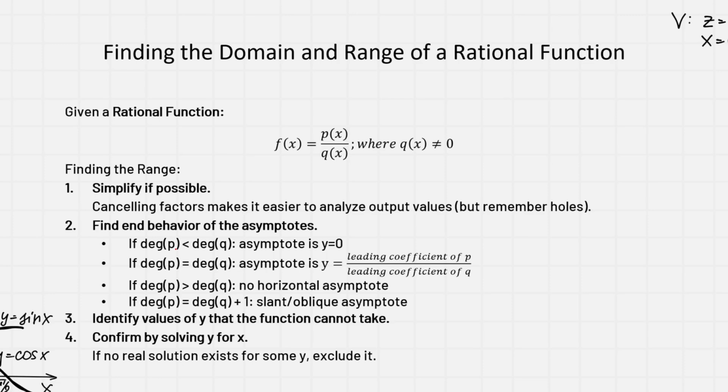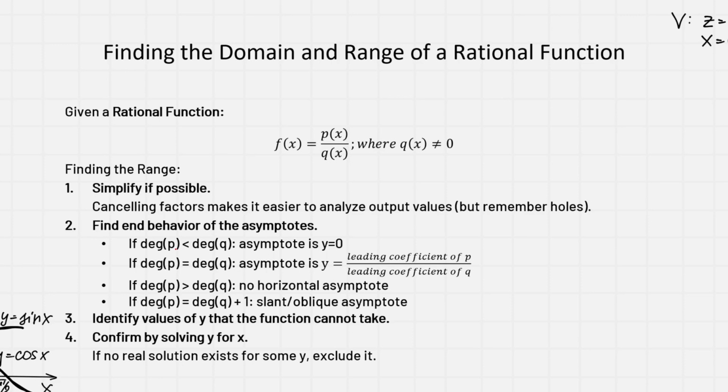Next, if the degree in the numerator is equal to the degree of the denominator, basically we have a horizontal asymptote, which is y equals the leading coefficient of p over the leading coefficient of q. Okay. Next, if the degree of p is greater than the degree of q, there's no horizontal asymptote here.